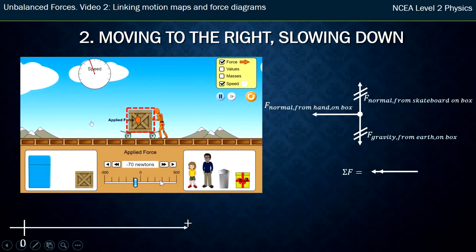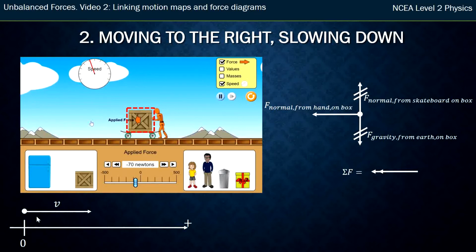If you notice on the screen grab from the video here, I'm applying a force of negative 70 newtons. It's negative because they've also chosen right to be the positive direction, so when this person is pushing to the left, it's pushing in the negative direction. That matches up with my coordinate system.